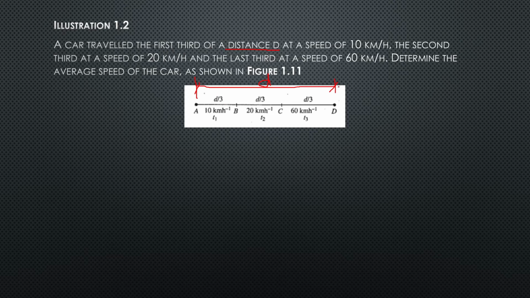So the total distance is simply D. Now the question is the average speed of the car. So what is the formula for the average speed? Average speed is equivalent to total distance all over total time.